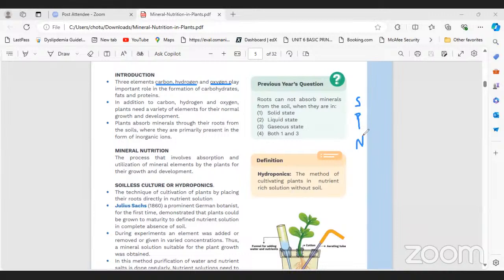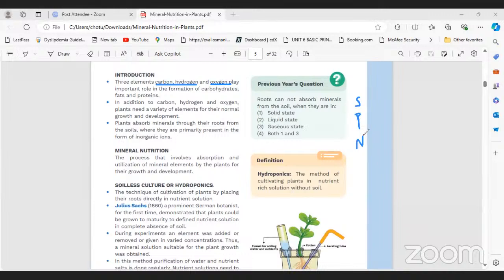What are the framework elements? Hydrogen, oxygen, carbon: CHO is required for the production of carbohydrates, that is, the cell wall and protoplasm.